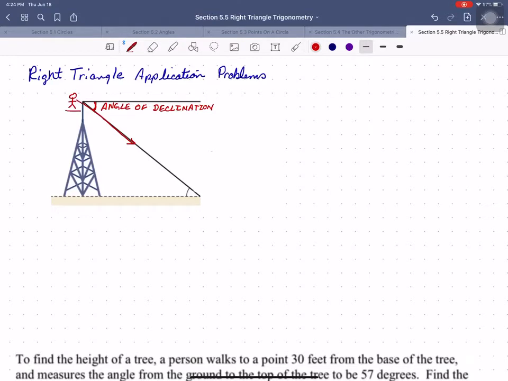The other way these problems can be presented is you can have a person standing here and looking up, and they measure this angle, and this angle is called the angle of inclination.